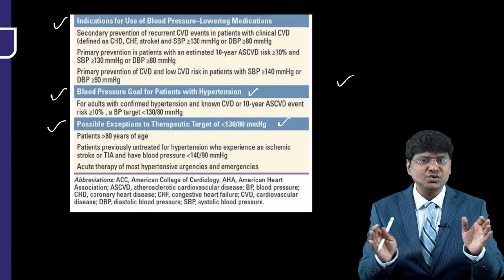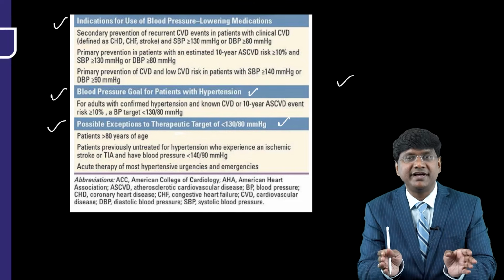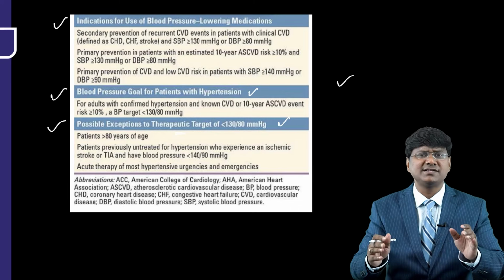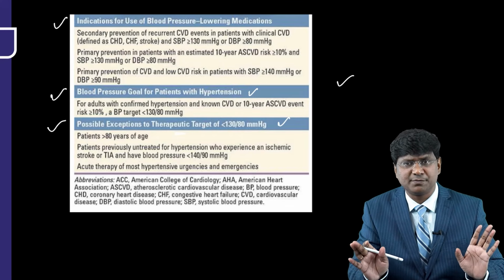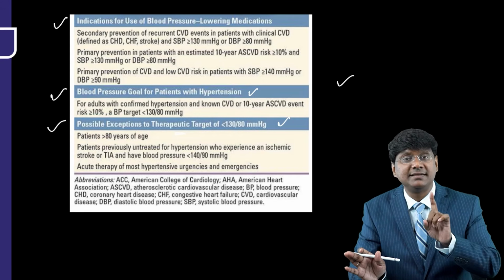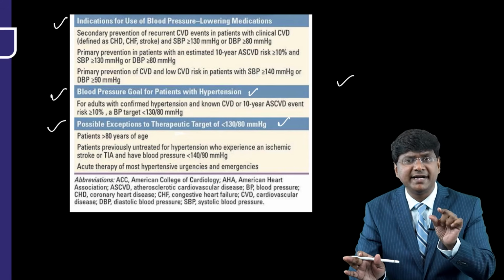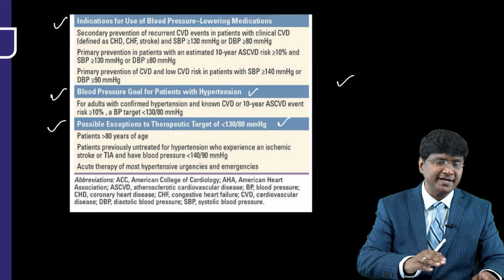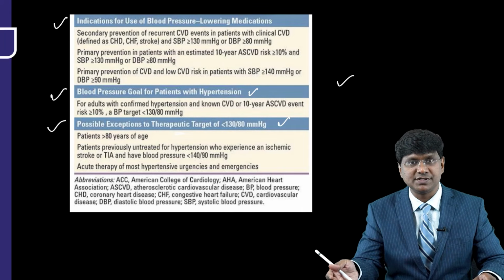Once you start the antihypertensive drugs, there is considerable variation in individual responses. Different classes of antihypertensives have different individual responses, and the magnitude of response to any single agent may be limited by activation of counter-regulatory mechanisms.